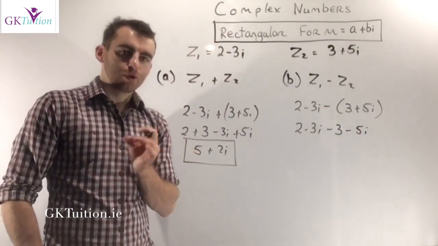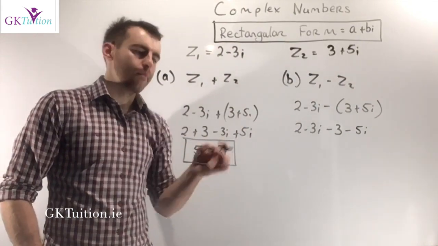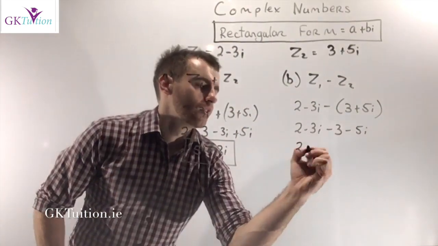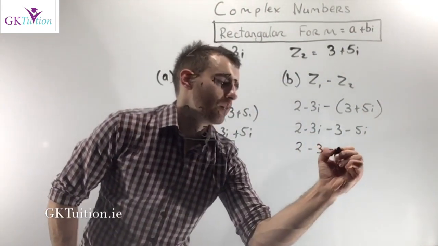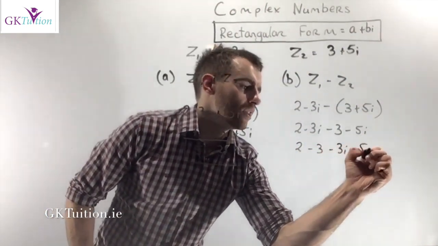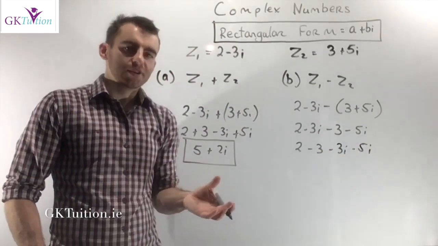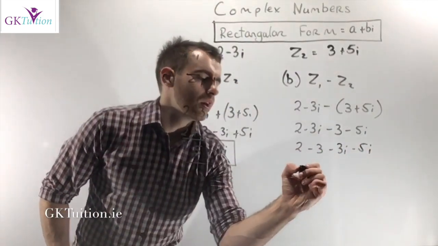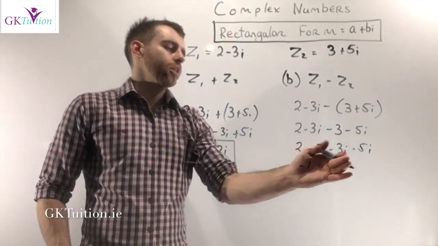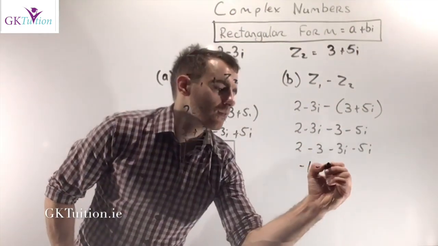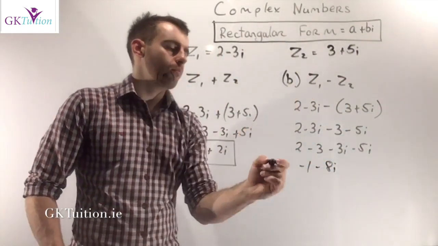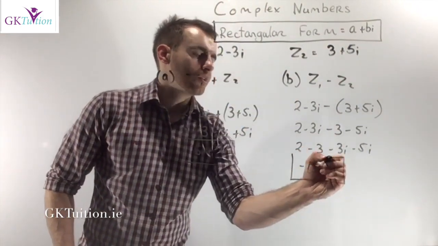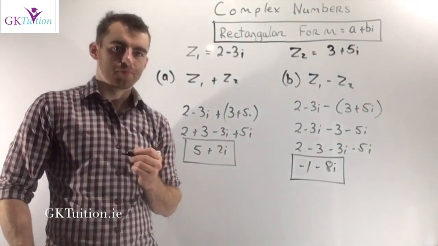And now I need to group my real values and group my imaginary values. So I have a 2 and I've got a minus 3. I can group those together. My imaginary elements are minus 3i, minus 5i. Now if I just add these, 2 minus 3 gives me minus 1. Minus 3i minus 5i gives me minus 8i. So your answer to that one, z1 minus z2, is minus 1 minus 8i.